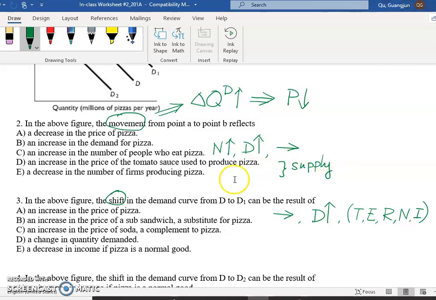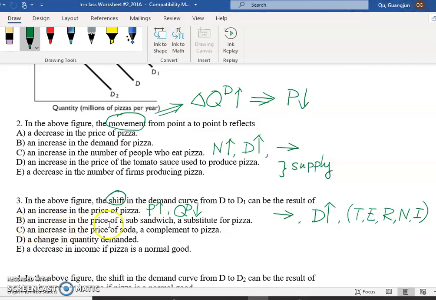Now let's check out these ones. A, an increase in the price of pizza. This is not correct, right? If the price of the pizza goes up, as we said, the result should be that the quantity demanded would be lower, right? And we're going to see a movement on the curve.